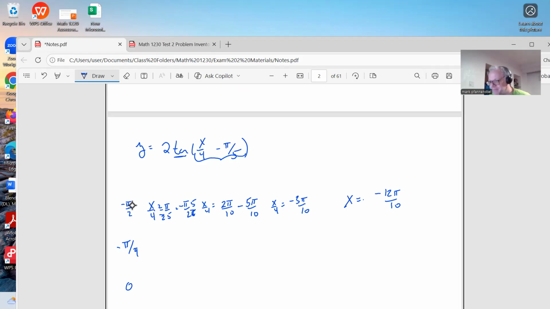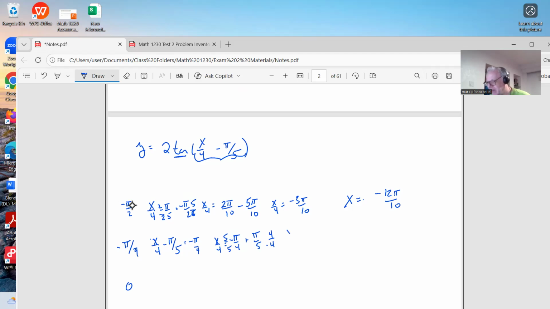So again, we have x over 4 minus pi over 5 is equal to negative pi over 4. Add pi over 5 to both sides. So we're going to say x over 4 is equal to negative pi over 4 plus pi over 5. And again, I'm going to get common denominators. It's going to be a little different this time.